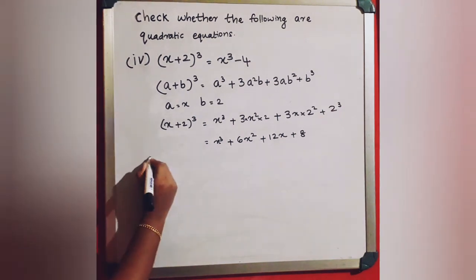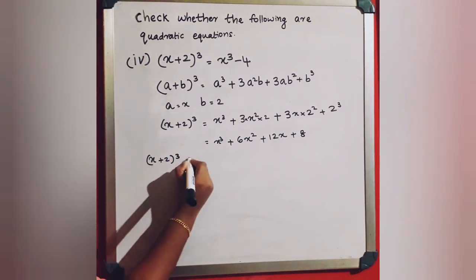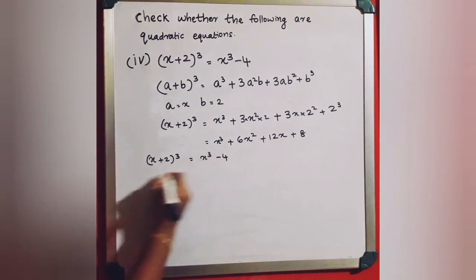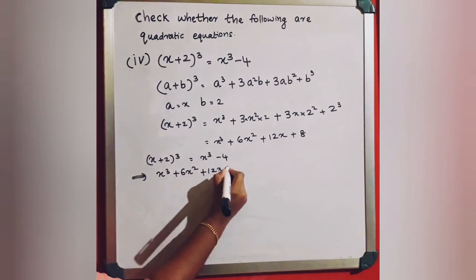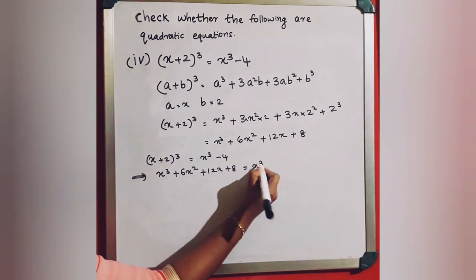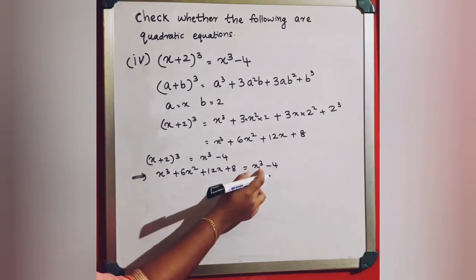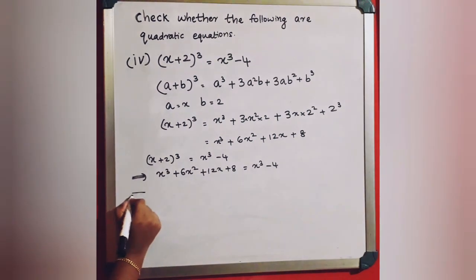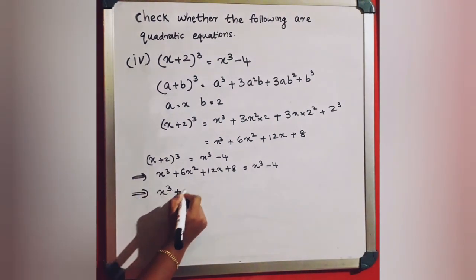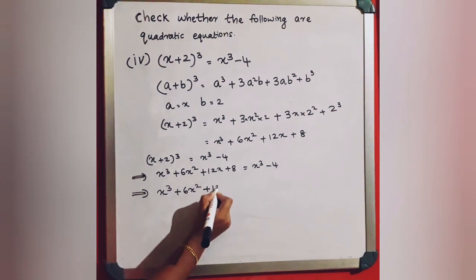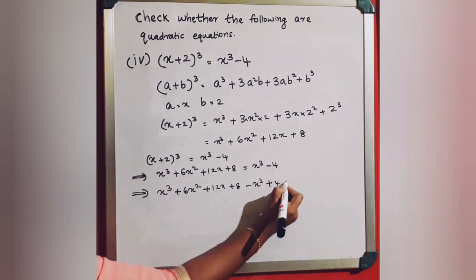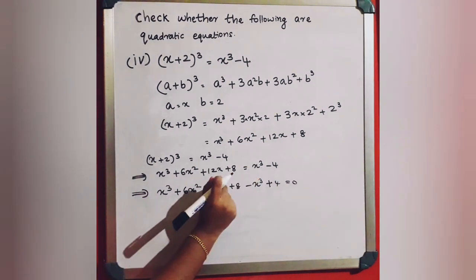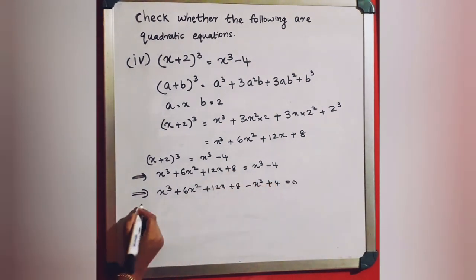Then the equation x plus 2 whole cube is equal to x cube minus 4 becomes x cube plus 6x square plus 12x plus 8 is equal to x cube minus 4. Just take this RHS to the left side. It becomes x cube plus 6x square plus 12x plus 8 minus x cube plus 4 is equal to 0.